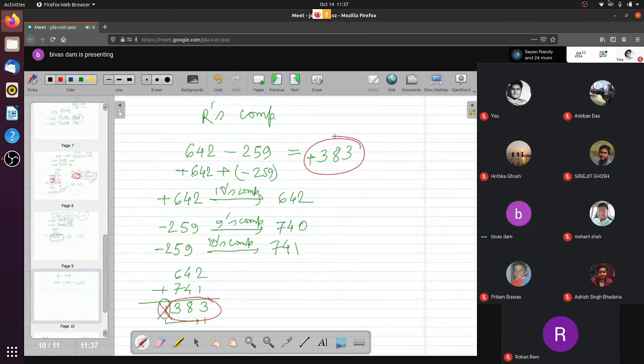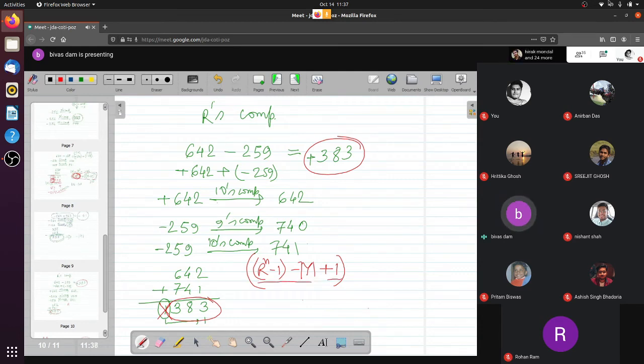Let me find out the scheme mathematically. This is basically R to the power n minus 1 minus y. That is the R minus 1 complement of minus y.